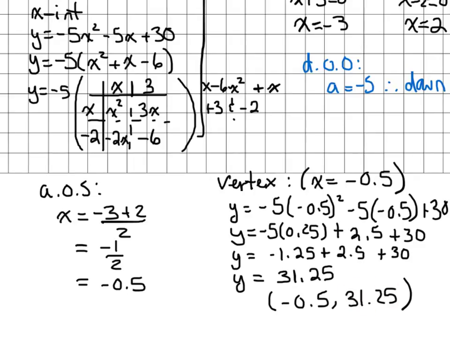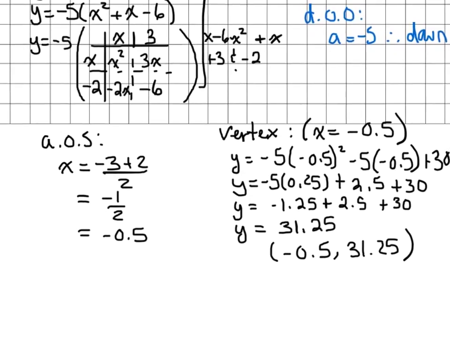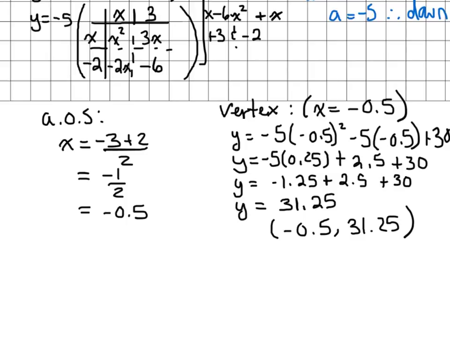So since our parabola opens down, or the graph of our quadratic relation opens down, then that means that our vertex has to be a maximum. So in this case, we'll have a maximum value, and the maximum is always the y-coordinate of the vertex, so that is y equals 31.25, or the minimum depending on the direction.